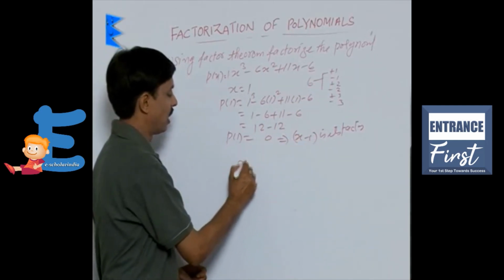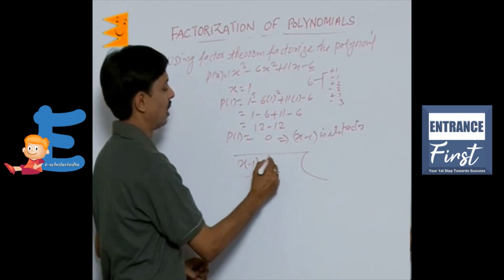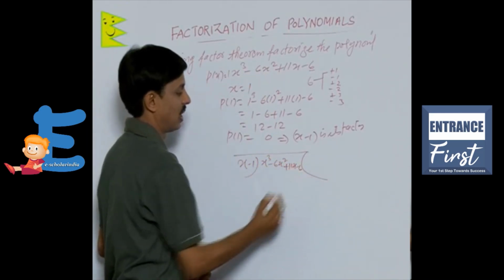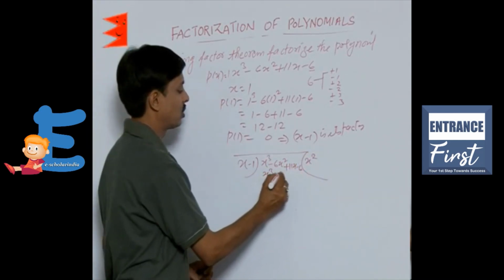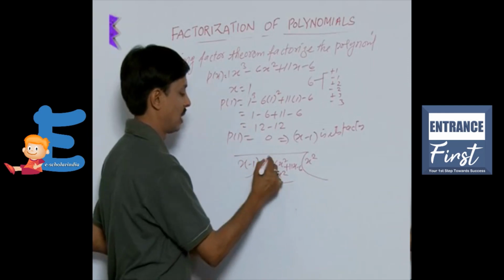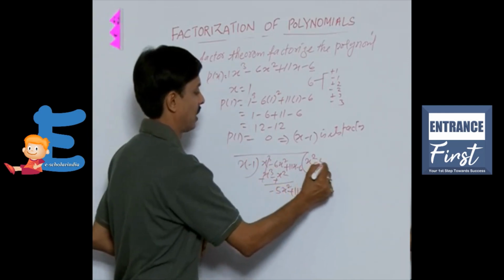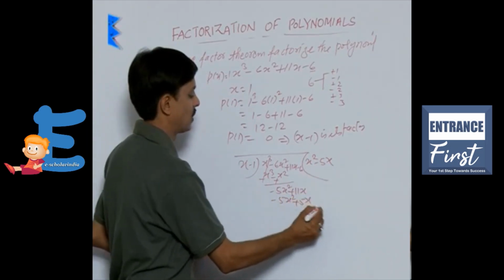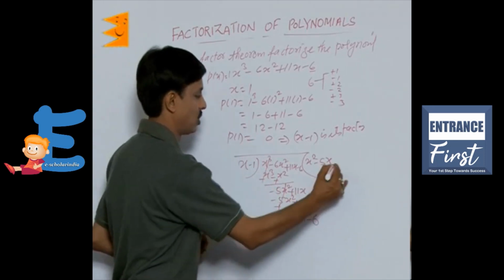Now I will take x minus 1 to divide the polynomial x cube minus 6x square plus 11x minus 6. Here first is x square: x cube minus x square, plus and minus cancel, this leaves minus 5x square plus 11x. Then minus 5x, this becomes minus 5x square plus 5x, then plus and minus, I am left with 6x minus 6.